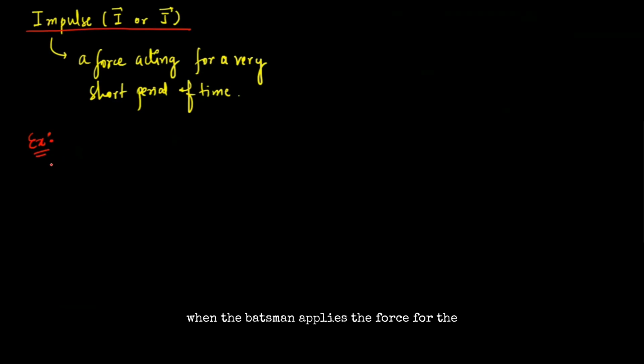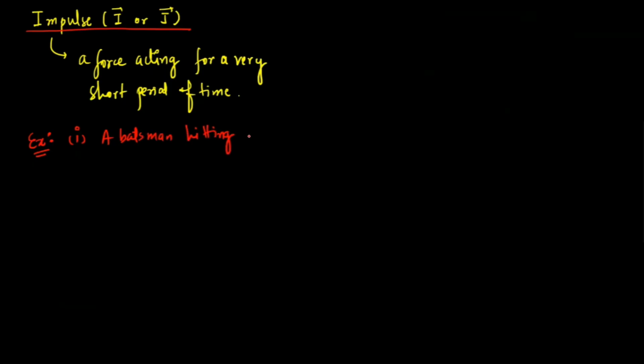That small force is capable of changing the whole momentum of the system, and that change in momentum is represented by impulse. So in the very first example, we can assume a batsman hitting a ball, and whenever a batsman is hitting a ball, he is changing its momentum.